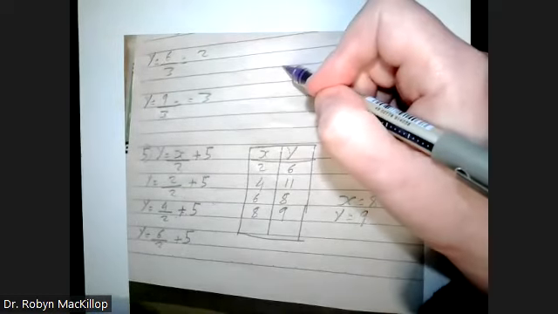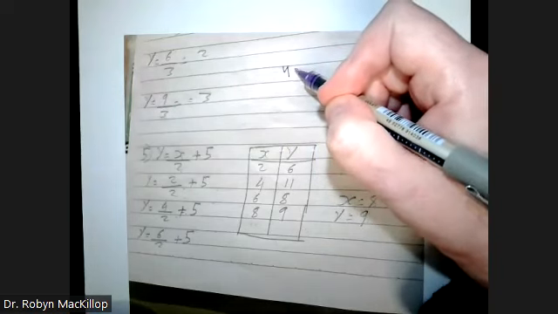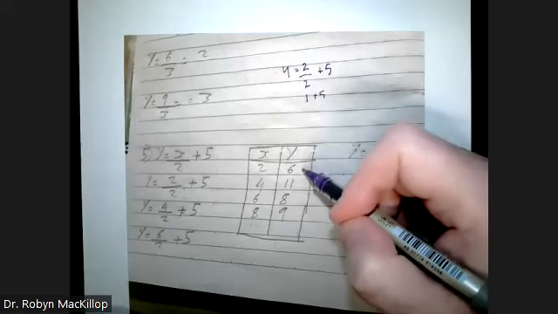So that means we have y equals 2 over 2 plus 5. Now 2 divided by 2 is 1 plus 5. See, you got it right.